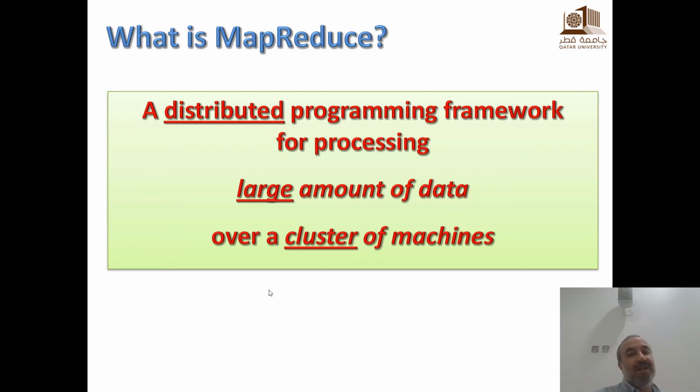I don't think I need to explain anything about large amounts of data. I think you now know what we mean by large amounts of data, and over a cluster of machines. They don't have to be, by the way, in a data center. You can install Hadoop, which is the open source implementation of MapReduce, over any group of machines. You just need them to be connected somehow, and you can install Hadoop on that.